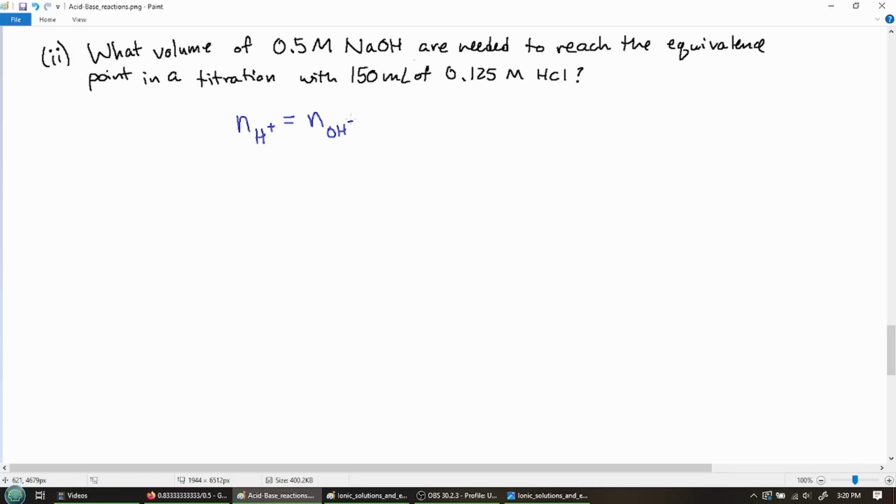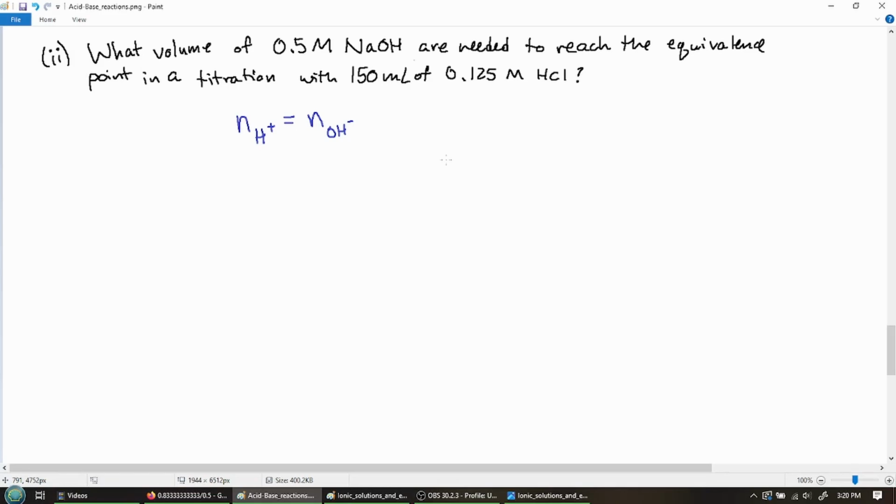And a solution that's basic has an excess of OH minus. An acid-base reaction can also be called a neutralization reaction, because we are reaching a neutral pH, not acidic, not basic, because we have neither an excess of H plus nor an excess of OH minus.